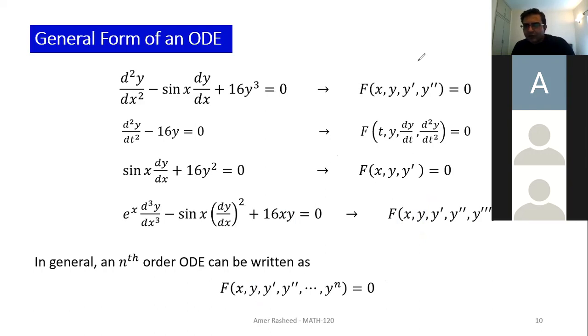The question on the chat is whether it's a compact notation for understanding order and variable.